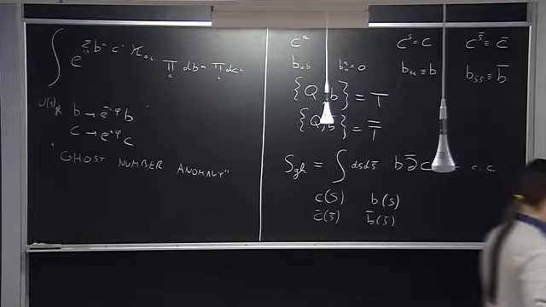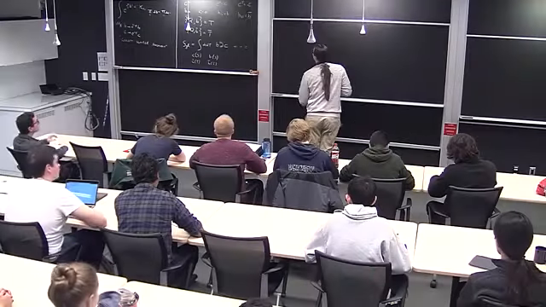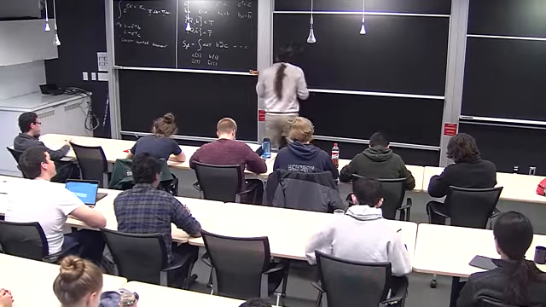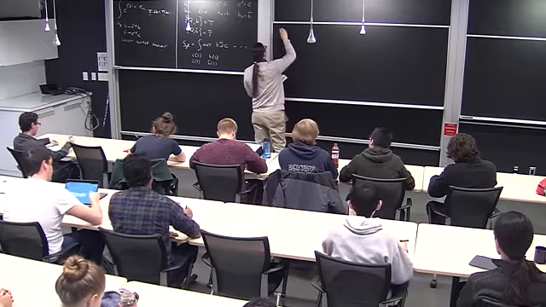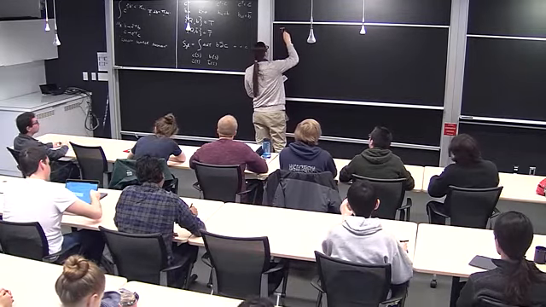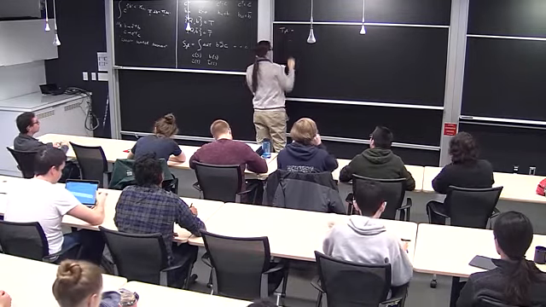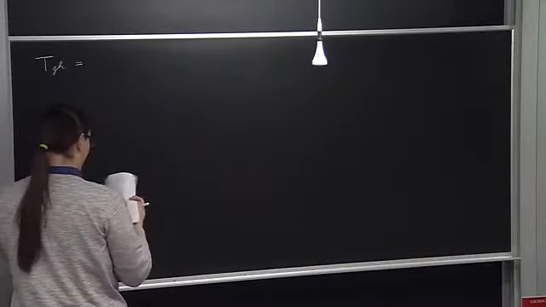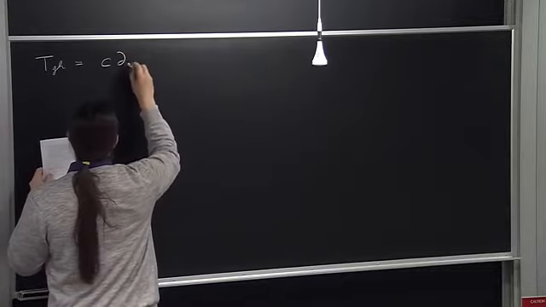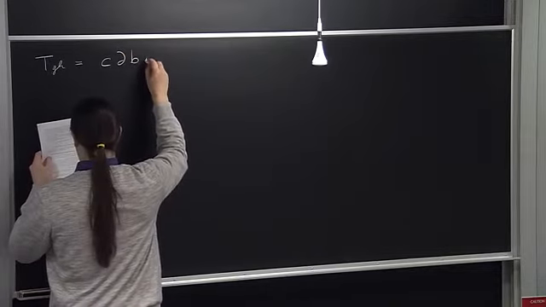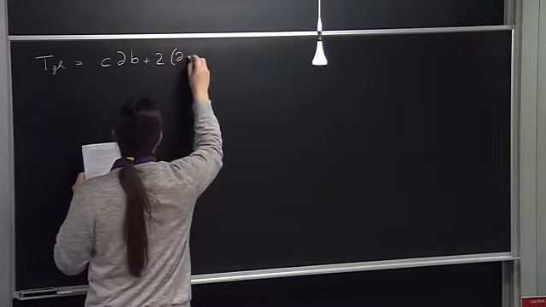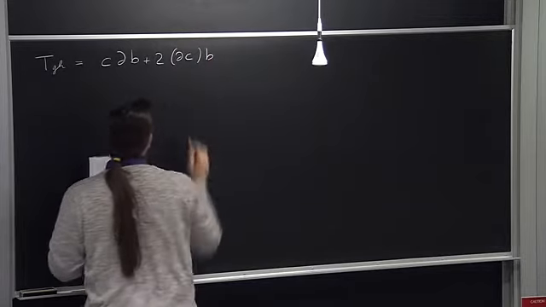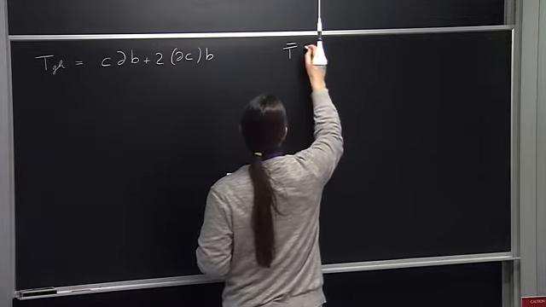Other pieces of information that we might need is that classically, at least, the ghost stress tensor takes the form C del B plus Q del C B, and same for T bar.